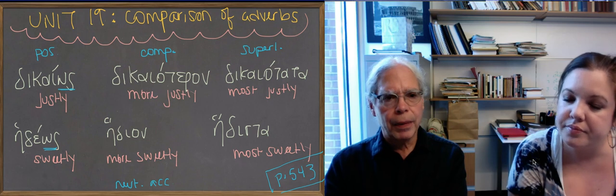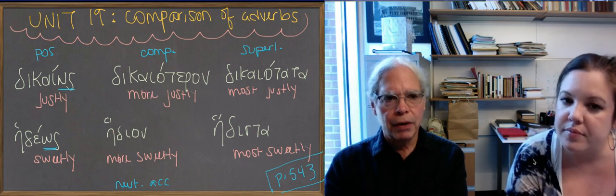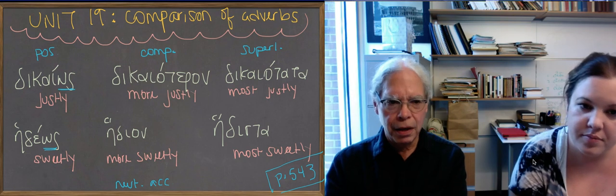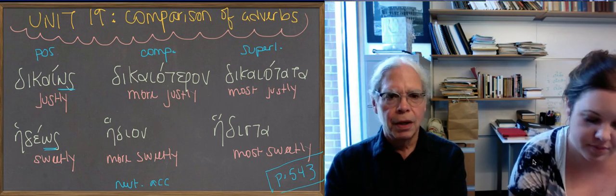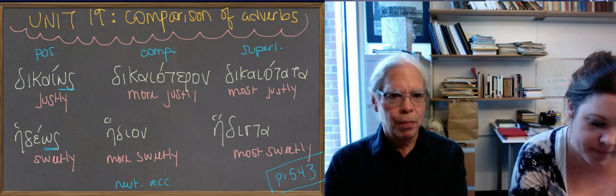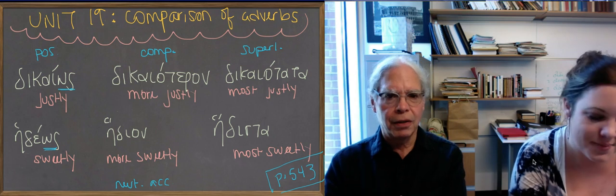So that's why the comparative degree of the adjectives justly and sweetly is the neuter accusative singular, to dikaioteron and hedion for more sweetly, and then the superlative, to distinguish it from the comparative degree, uses the neuter plural accusative, dikaiotata and hedista.